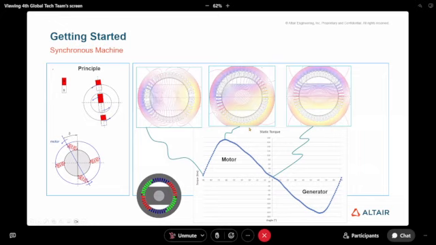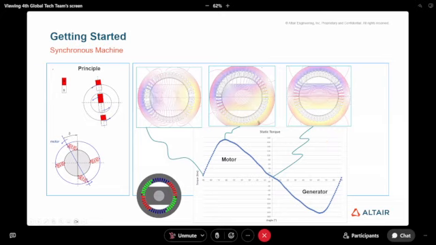And where we have the magnetic field of the stator aligned with the rotor axis, this is the stable position. If we move it like this, it will come back to the initial position. If we move it to the other side, it will go back to the initial position.